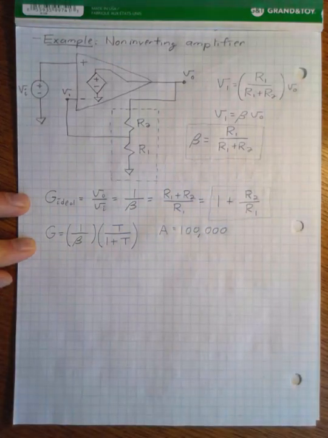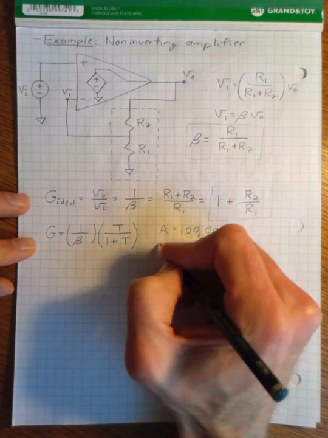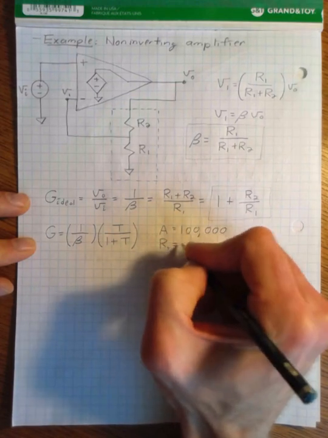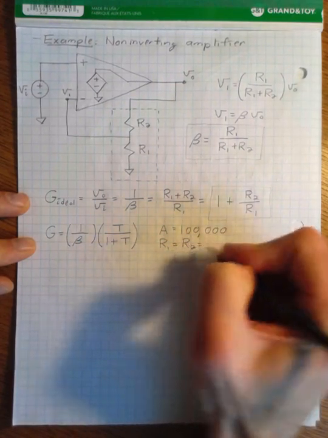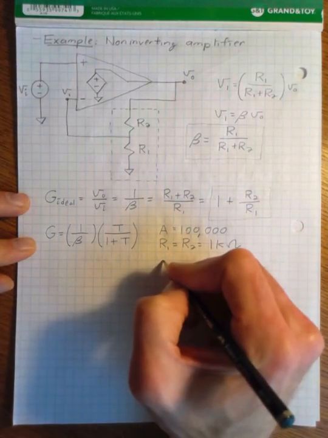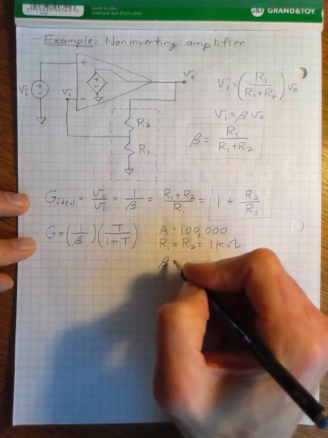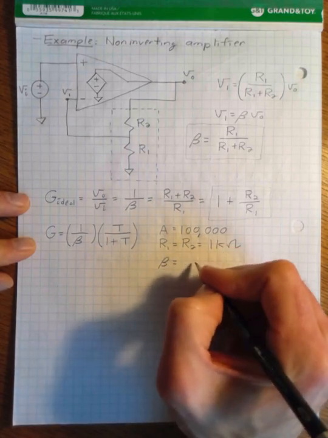Normally they're even better than that, but let's say A is equal to 100,000. And let's assume that R1 and R2 are both equal to 1 kilo ohm. That means that beta is equal to 1/2.